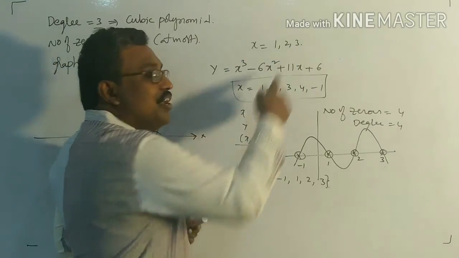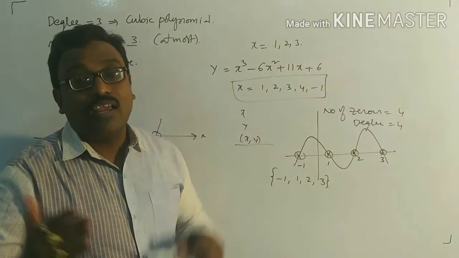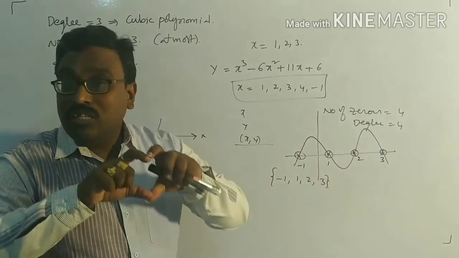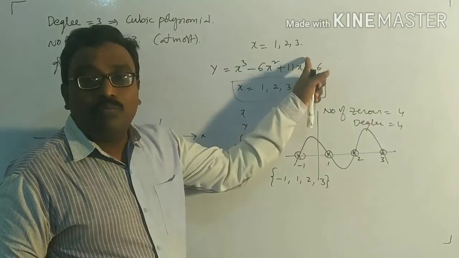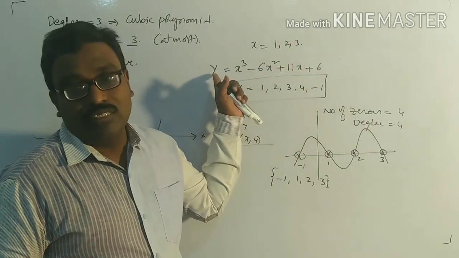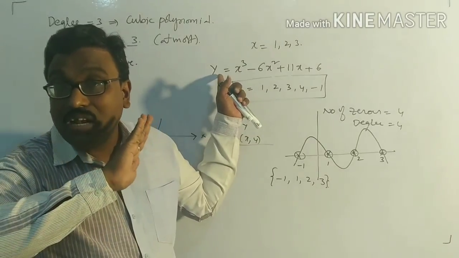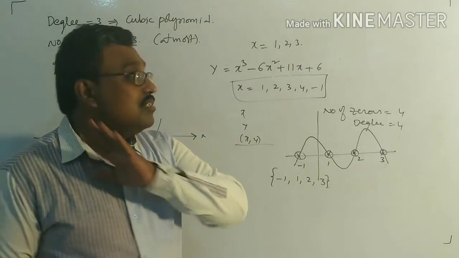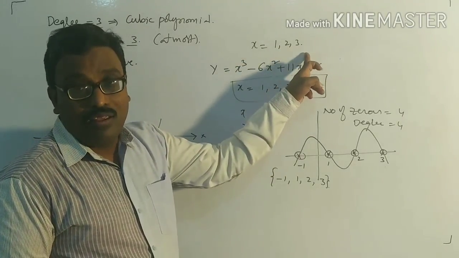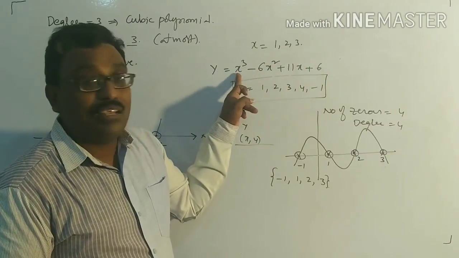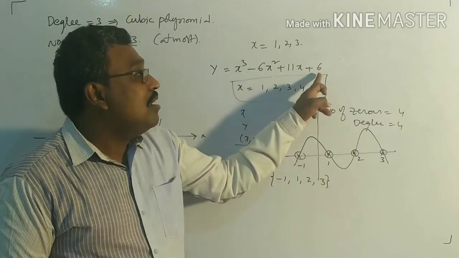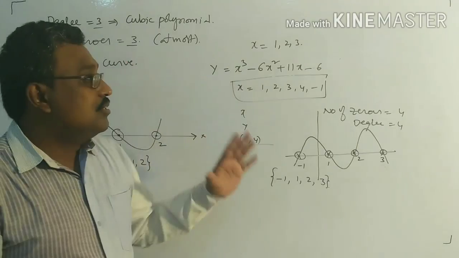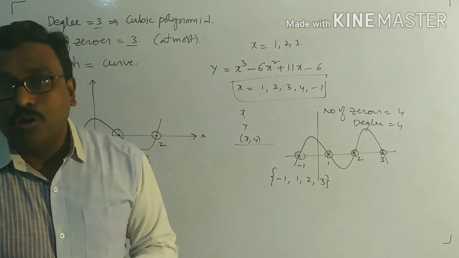Other than these 3, if you take any other numbers, 4, 5, minus 1, 0, infinite numbers are there. Among these infinite numbers, only these 3 values will make the polynomial 0. Other numbers cannot make the y value 0. So the polynomial x cube minus 6x square plus 11x minus 6 becomes 0 at x equal to 1, 2, 3. Okay, so this is the graph of polynomials concept.